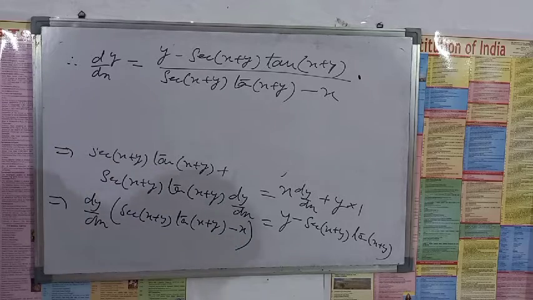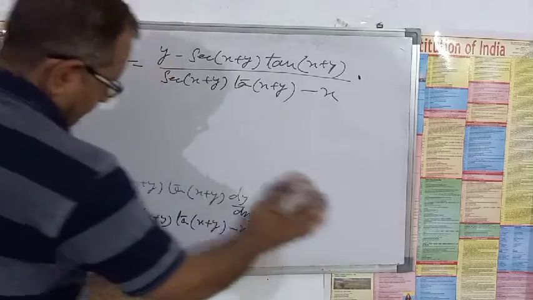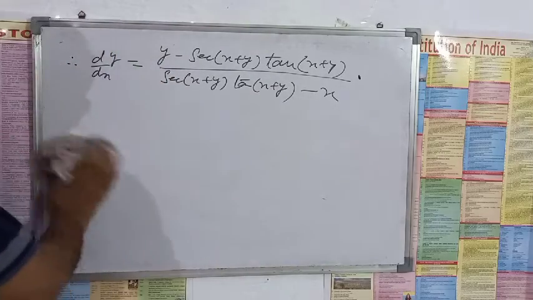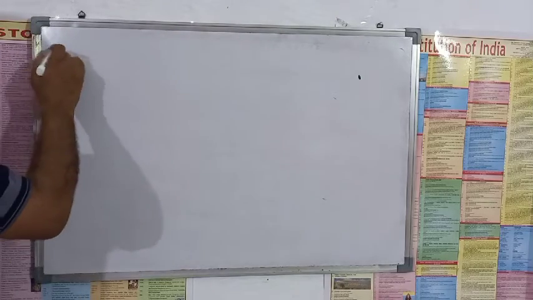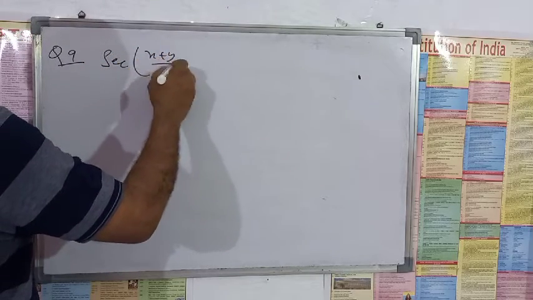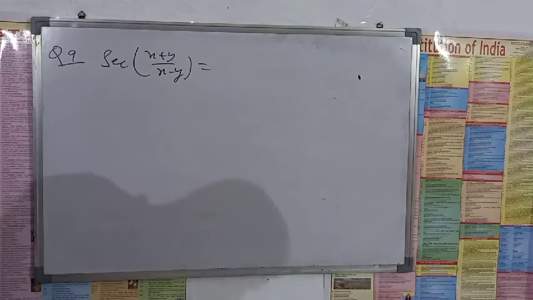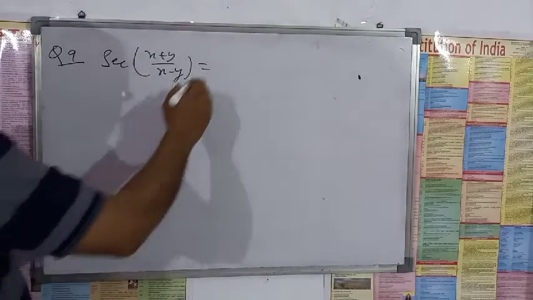Next question is question number 9. So let us see question number 9. Sec of (x plus y upon x minus y) is equal to a, small a.